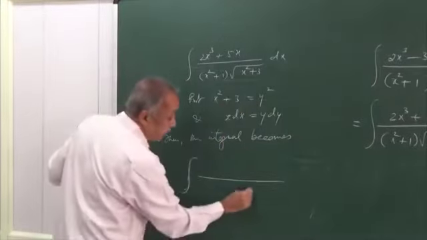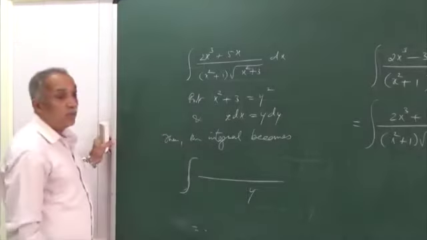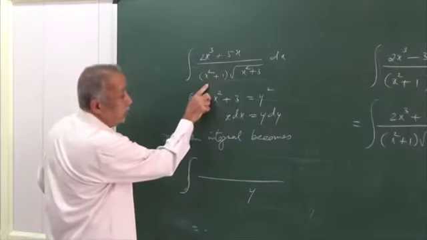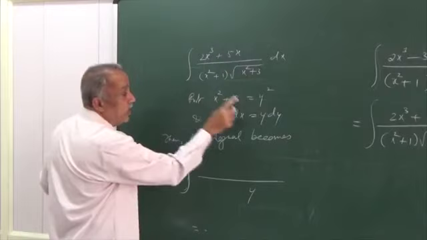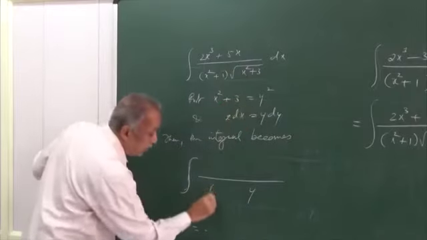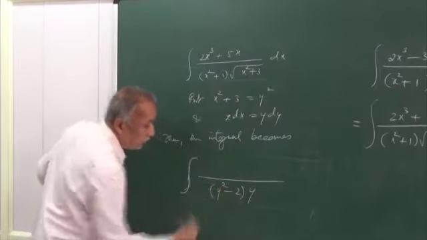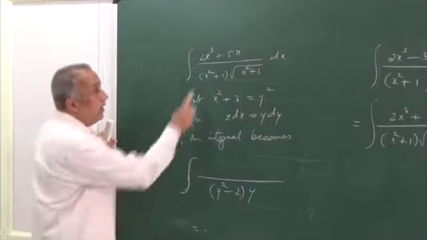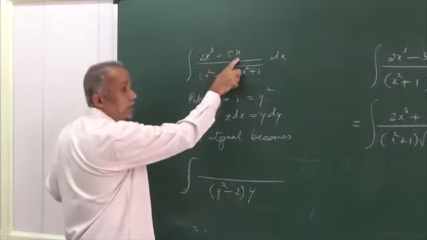root of x² + 3 is y, x² + 1 is y² − 3 + 1, which is y² − 2. In the numerator, let me break this.